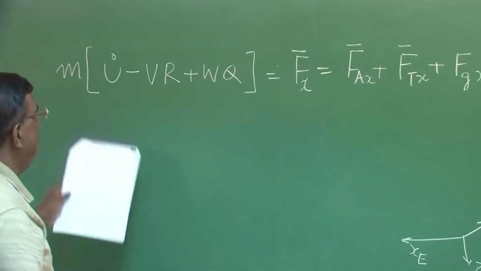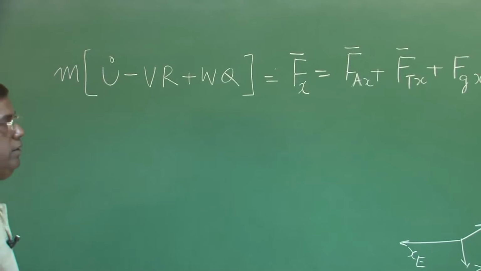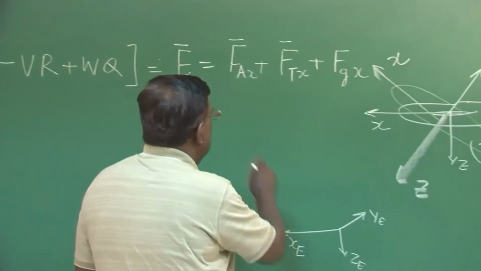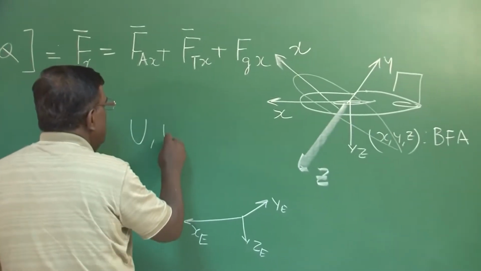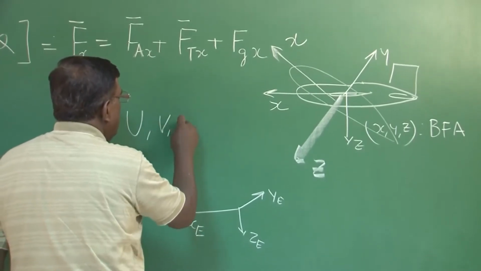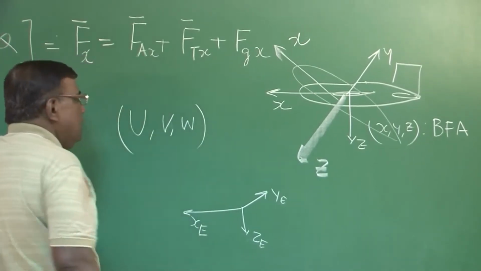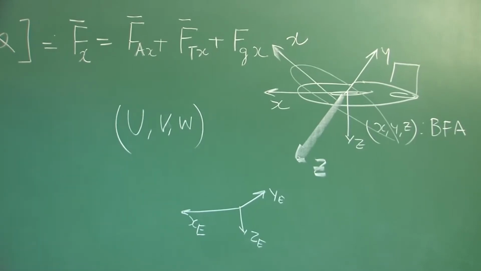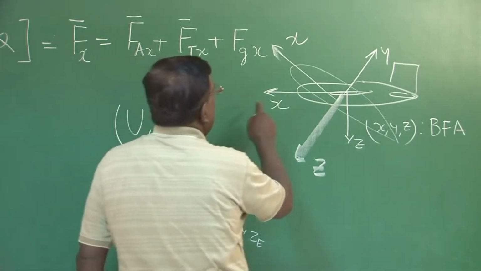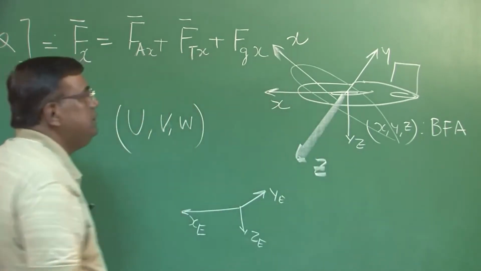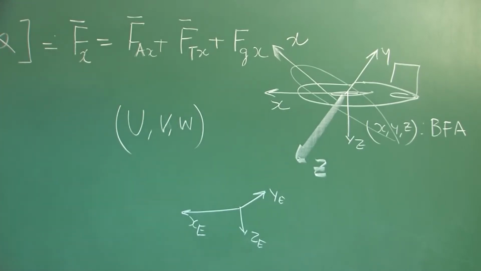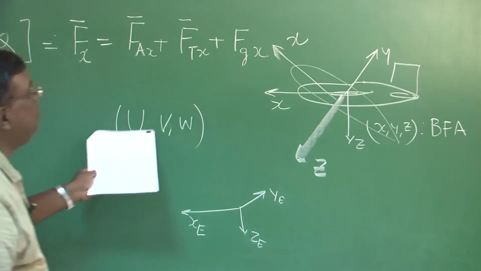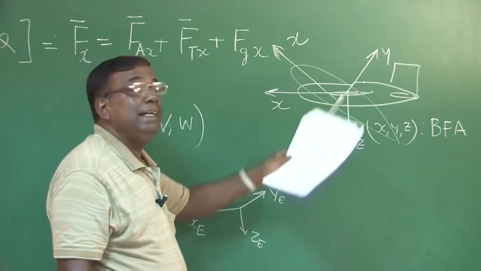It means u dot. What is this u dot? In the body fixed axis system, u, v, w are the components of total velocity, which is measured with respect to the inertial frame, but resolved along the body x, y, z axis, right? And since the body x, y, z axis is changing its orientation, naturally u, v, w also go on changing.